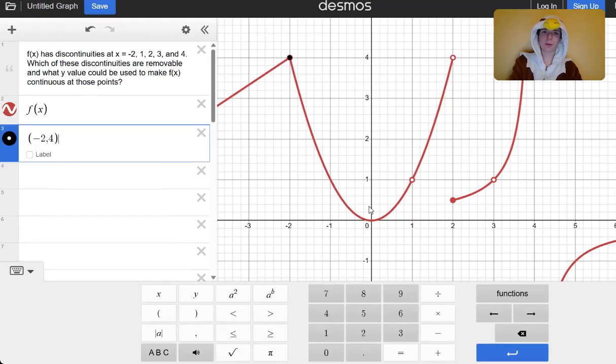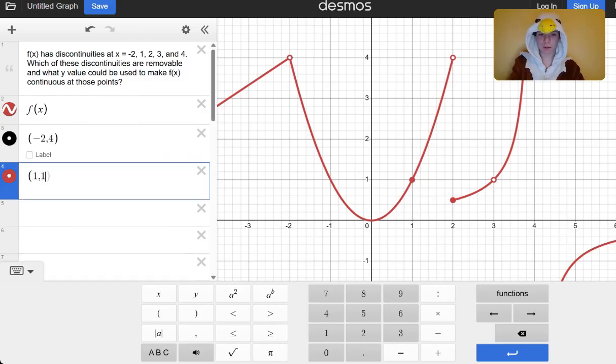Now this next point, x equals 1, this is just a single point missing. And the limit as x approaches 1, it's getting closer, y equals 1. So that's 1, 1. Now at 2, the limit from the left, it's approaching 4. The limit from the right, it's 1/2.